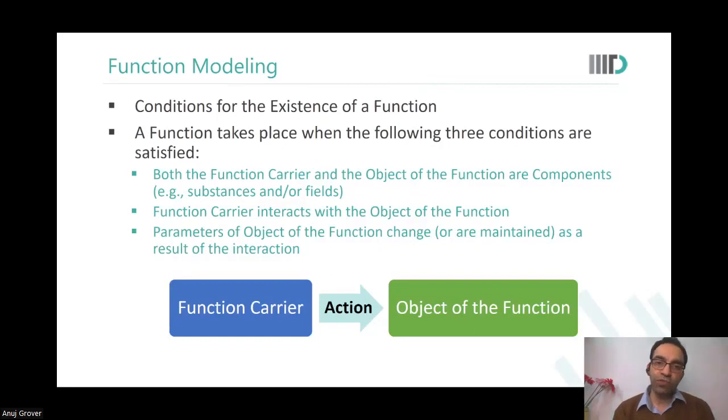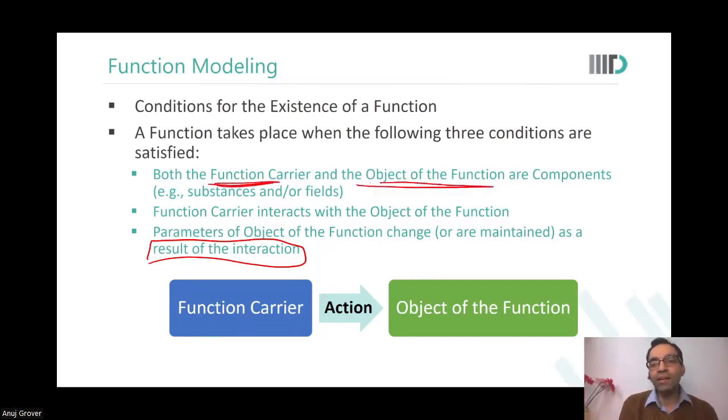So conditions for existence of a function, as we already discussed, they should have an interaction. And if we are talking of a function in an engineering system, the function carrier and the object both should be components of the engineering system. So first, function carrier and object are components of the engineering system, and then function carrier interacts with the object of the function.